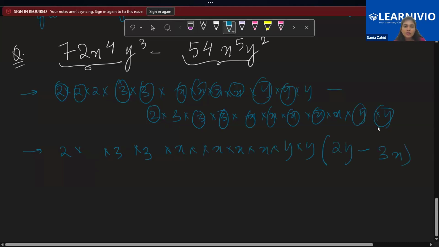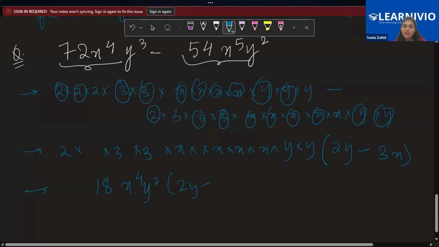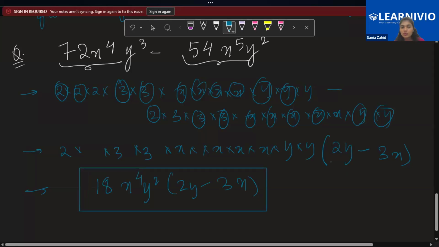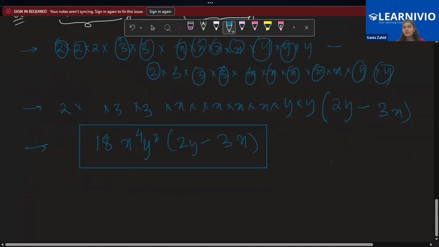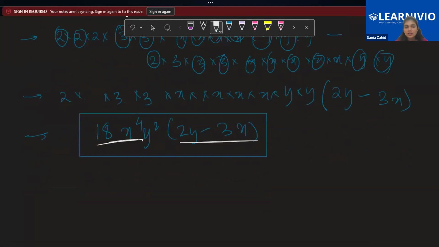And outside the bracket I have 2 into 3 is 6 into 3 is 18, x to the power 4, y to the power 2, then 2y minus 3x. So this is the solution. The factors are 18x to the power 4 y square into 2y minus 3x. So this is one factor and this is another factor.